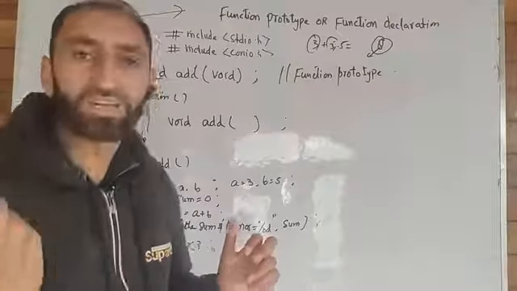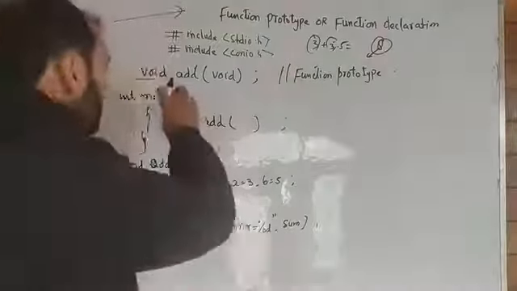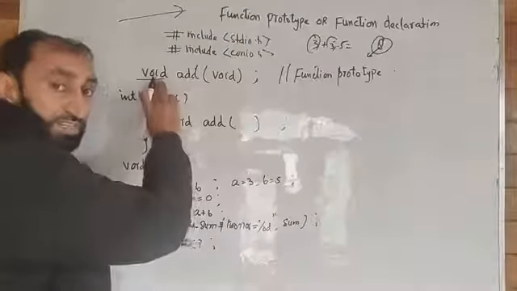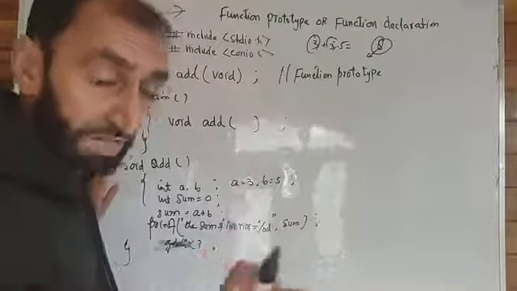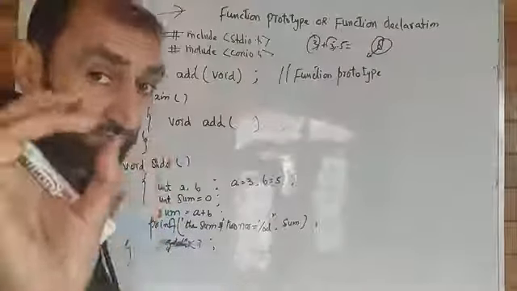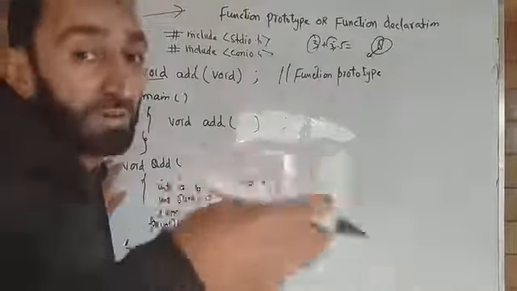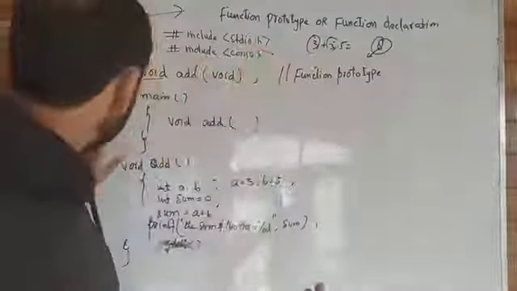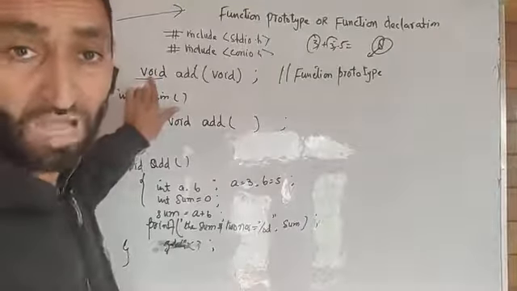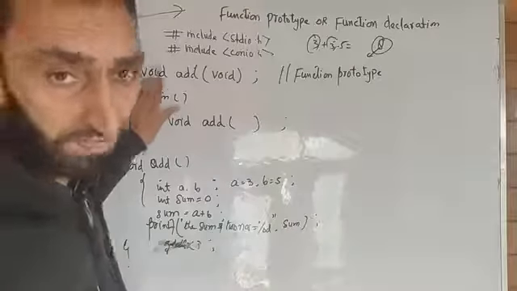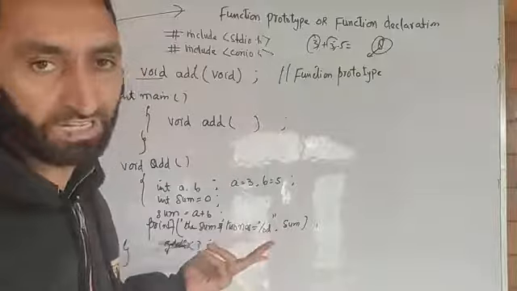A function prototype has 4 parts. The first part is the type, that means the data type: what type of data is the function going to return? Since this function returns nothing, I have written here void. Void means nothing.